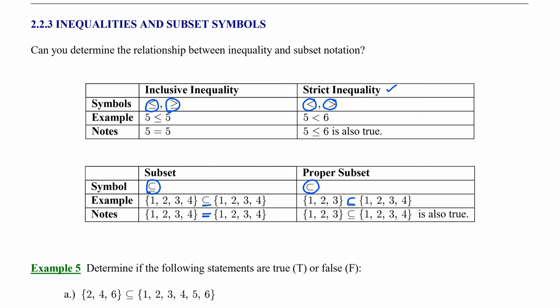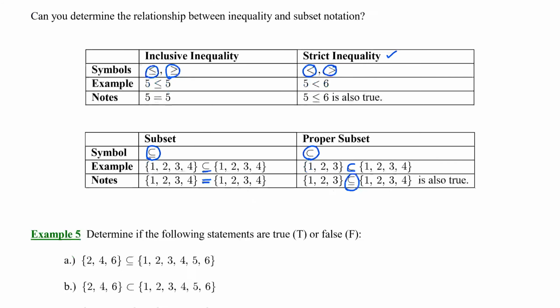But even though that is the most specific expression of the relationship between those two sets, the general subset symbol would also be true. So if you can associate this new information regarding subsets and proper subsets with what you already know about inclusive and strict inequalities, it may help you to understand a little bit better.